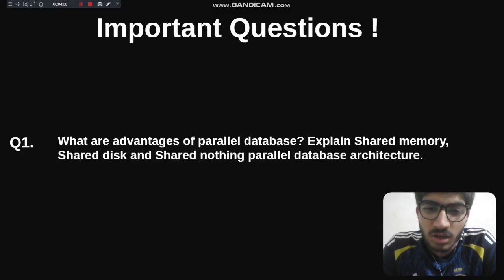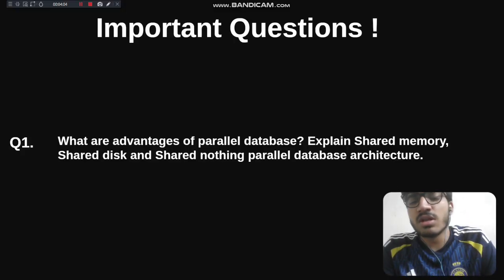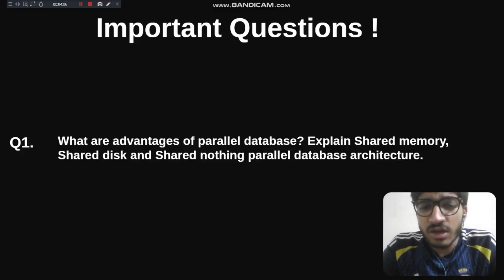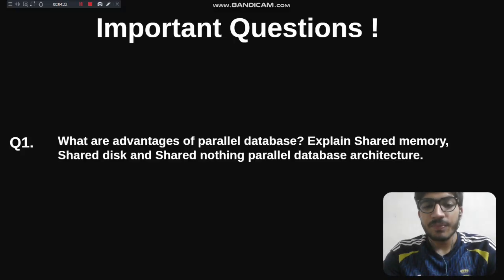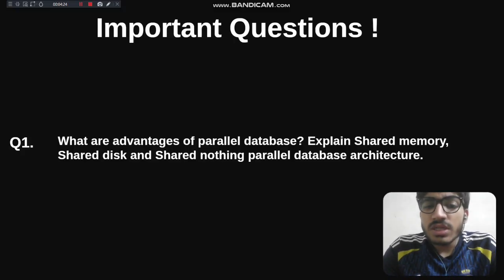It is the most commonly used architecture. But the disadvantages are that it is more complex to manage and data must be moved between nodes when needed. Therefore, it has some communication cost attached to it. It is used in large distributed systems like Google, Amazon, etc.